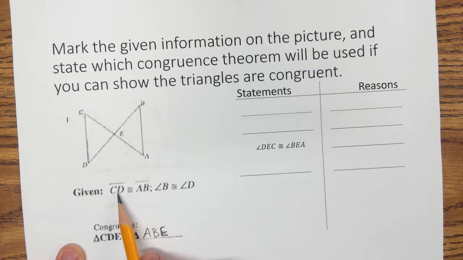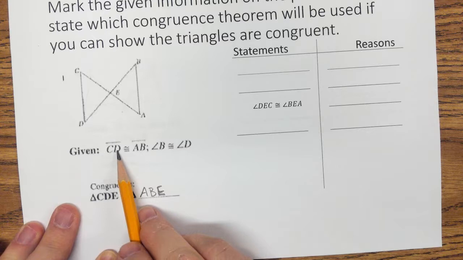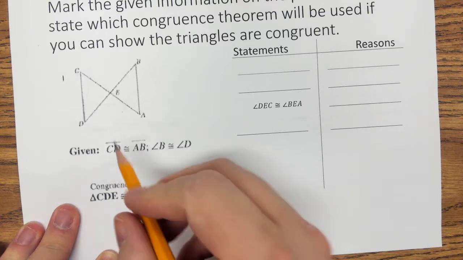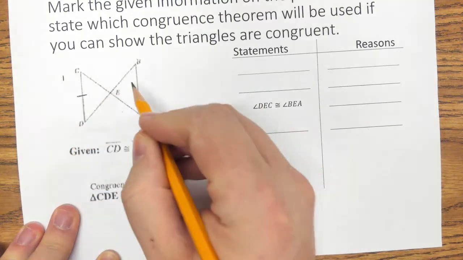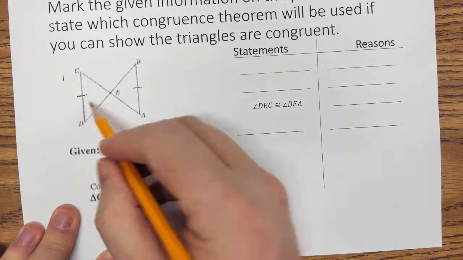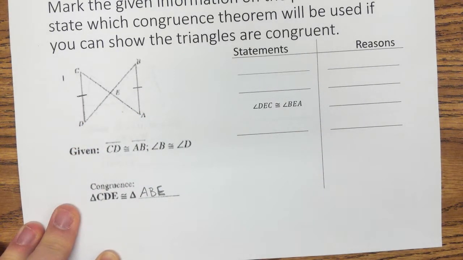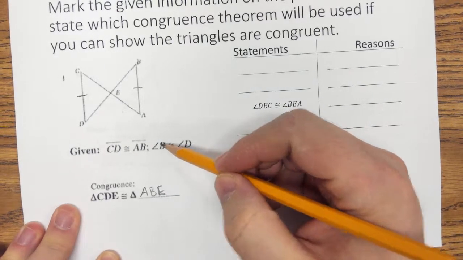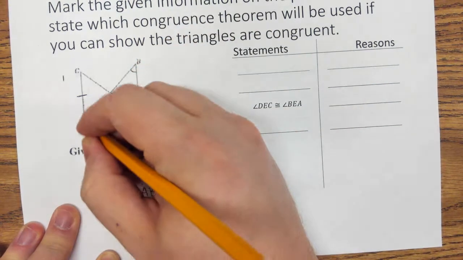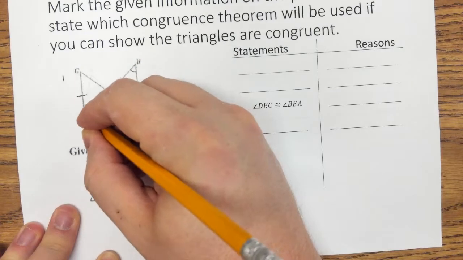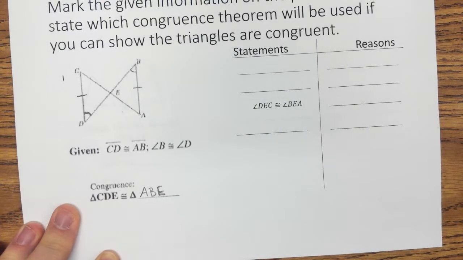Well, they tell me here that CD is congruent to AB. Well, there's CD, here's AB, so I'll mark those congruent on my picture. They also tell me that angle B is congruent to angle D, so I'll mark that on my picture. Okay, what other information do we know?